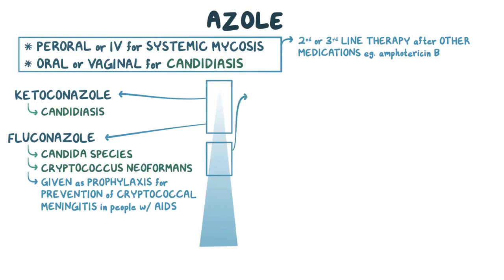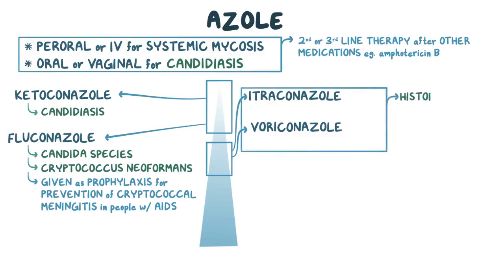Wider spectrum azoles like itraconazole and voriconazole can also treat the previous fungi, but in addition, they are effective against histoplasma and coccidioides species. Itraconazole is the first-line treatment against blastomyces, while voriconazole is more effective against aspergillus.